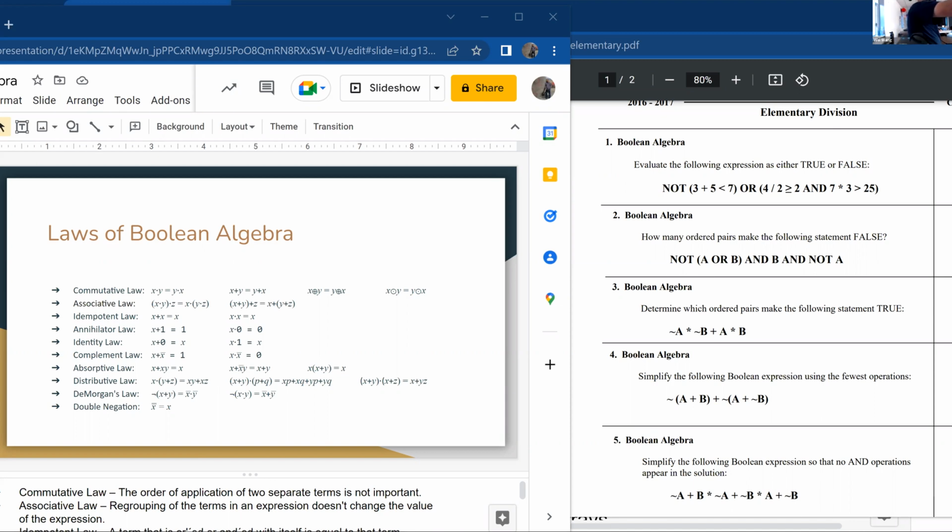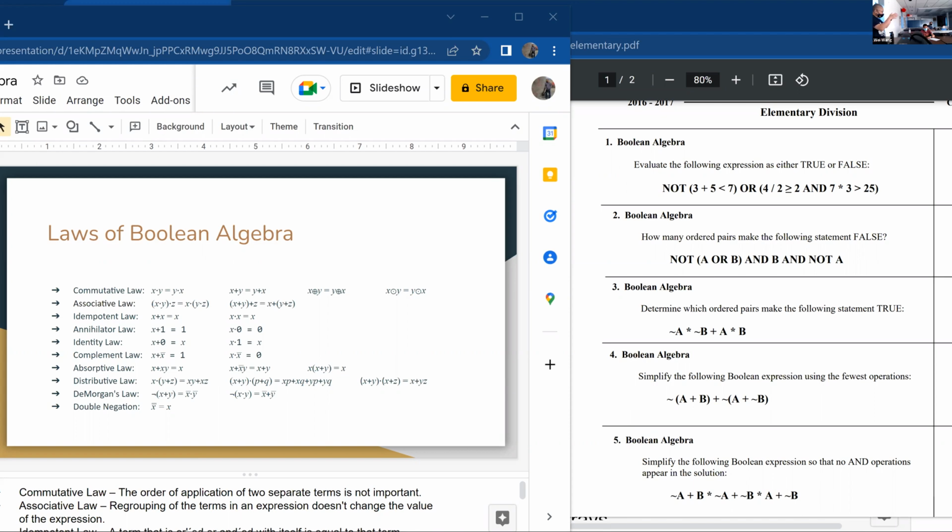Ordered pairs, right? Here there's only one. Let's say you want to use the truth table. You can try the truth table with number 2. Truth table means you draw those columns, put A and B in there, and A and B is either 1 or 0.